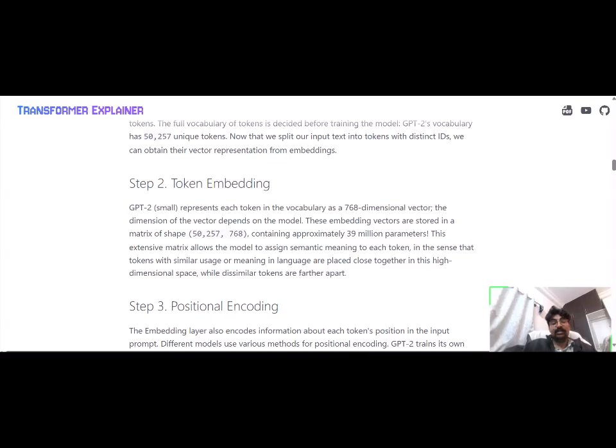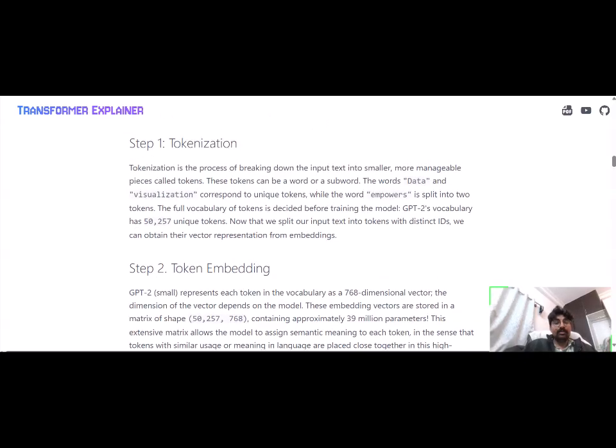Each token has its own unique embedding, and the length of this embedding is 768. If we calculate the matrix of this token embedding, it comes to about 39 million parameters.